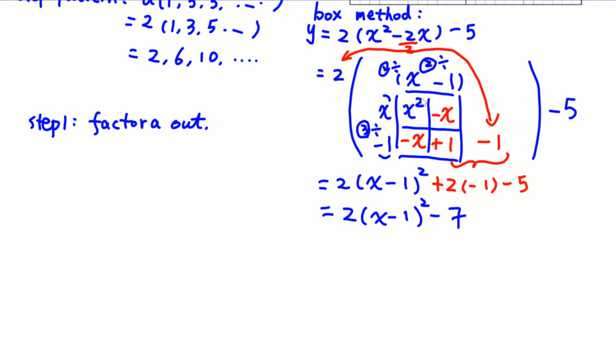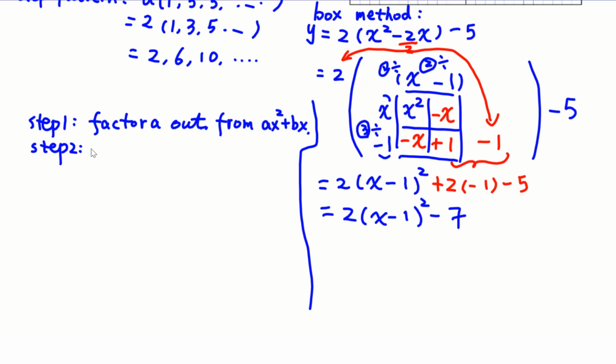Even if you have a fraction from the second term, you are going to factor a out because we want a outside of the squared. Then step 2, factor a out from only the first 2 terms. We don't consider the constant, from ax squared plus bx only. The c is outside of the box or the bracket.